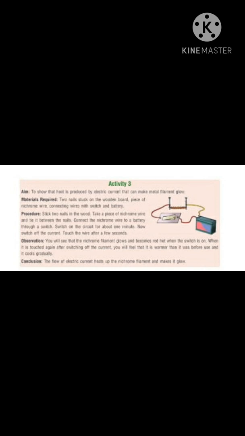Now activity 3. The aim is to show that heat produced by electric current can make a metal filament glow. Materials required: 2 nails stuck on a wooden board as shown in the picture, a piece of nichrome wire, nichrome is a metal, connecting wires, a switch and a battery.